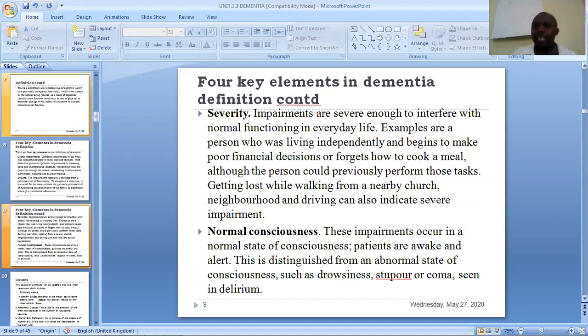However, in dementia, the consciousness is normal. So what are we saying under normal consciousness? These impairments occur in a normal state of consciousness. Patients are fully awake and alert. This is distinguished from an abnormal state of consciousness such as drowsiness, stupor, or coma, which are seen in delirium.